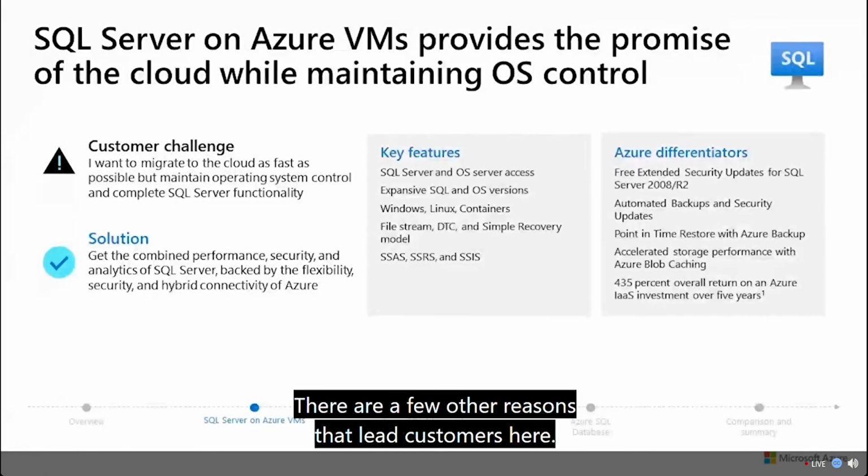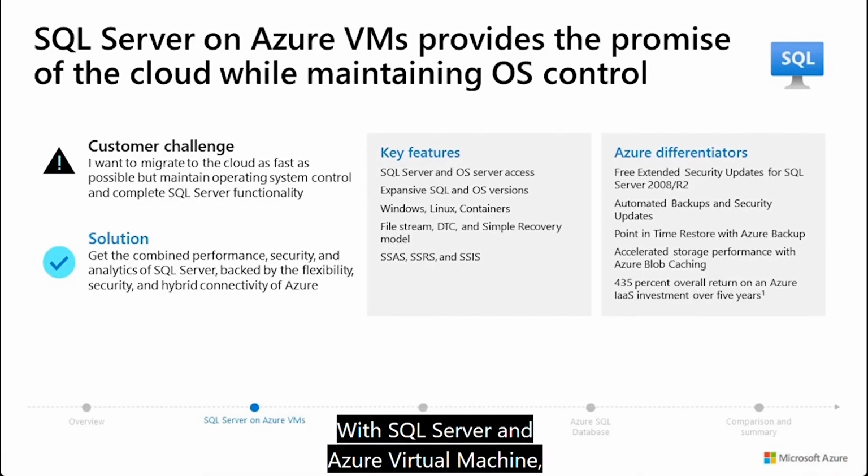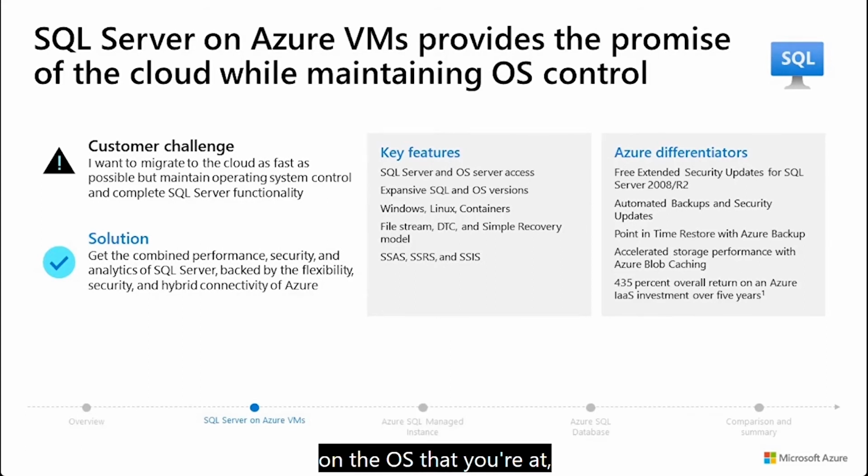There are a few other reasons that lead customers here. With SQL Server on Azure Virtual Machine, you really are just getting SQL Server. So you're going to get the expansive OS and SQL Server version support that you need. So you can just move with the version that you're at on the OS that you're at and be supported by Microsoft.